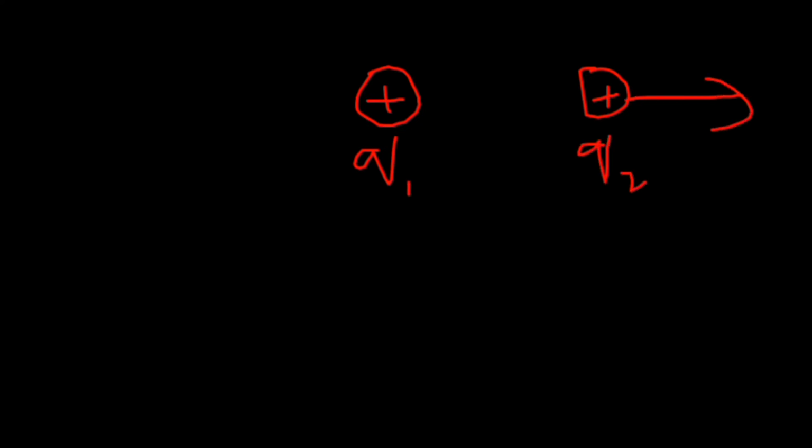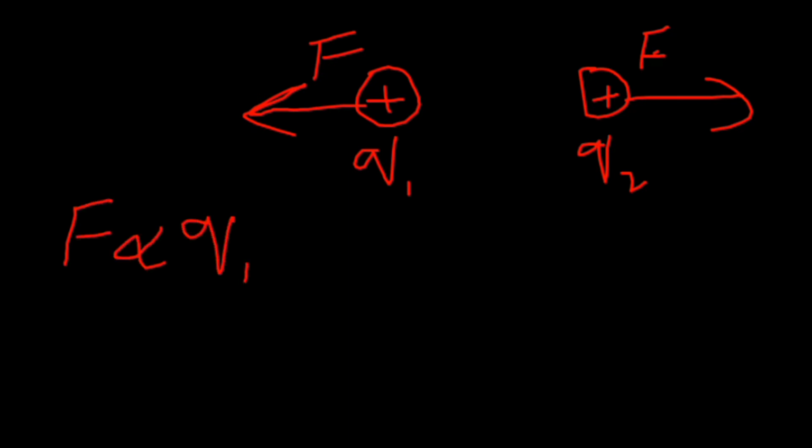Let's consider we have two charges, both positive, Q1 and Q2, and both repel each other with a force. According to Coulomb's law, the force of attraction or repulsion is directly proportional to the product of magnitude of charges.